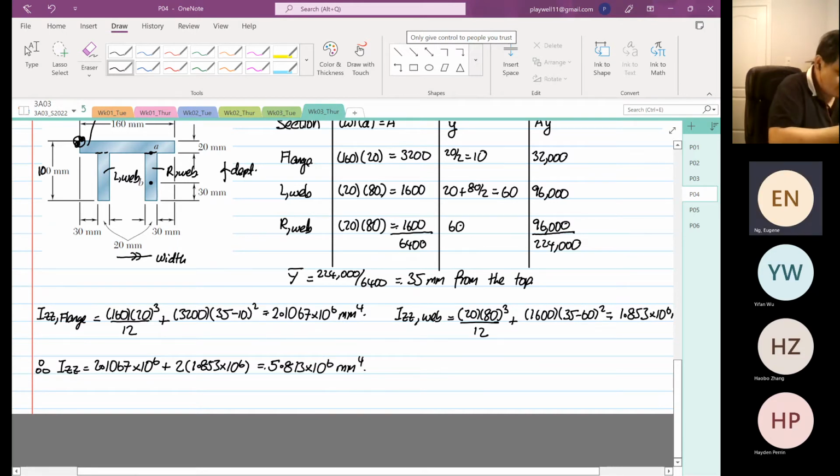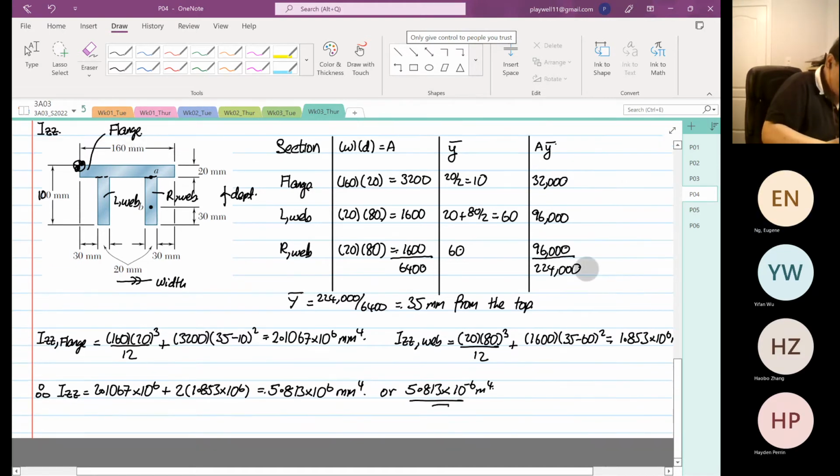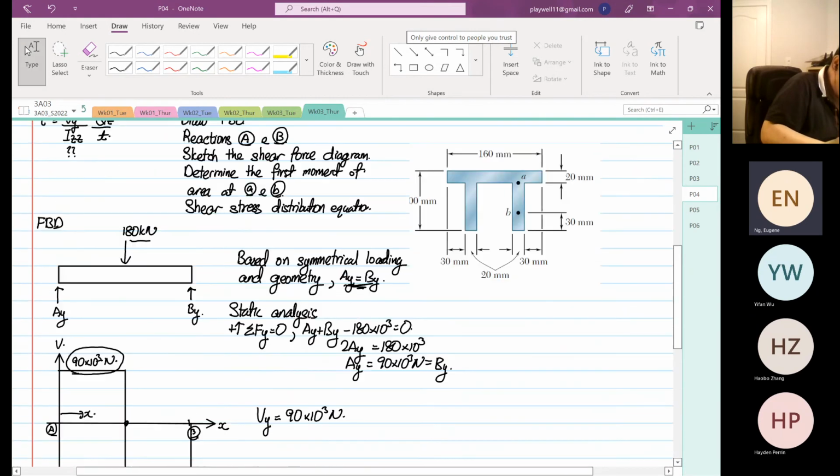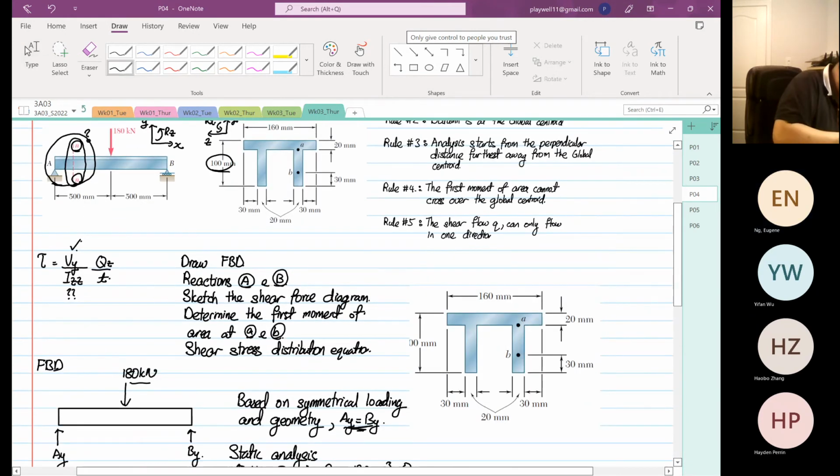Let me do it again. 2.1067 power 6 plus 2 times 1.853 power 6 is equal to 5.813, or 5.813 times 10 to the power minus 6 meter to the power 4. Okay. So what we have just found is our Vy and Izz.